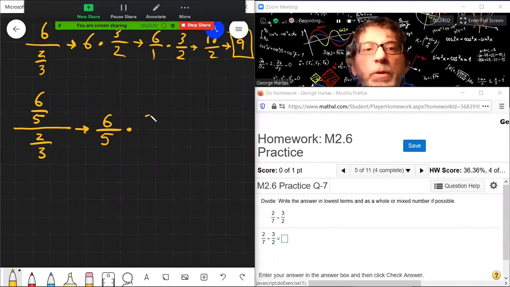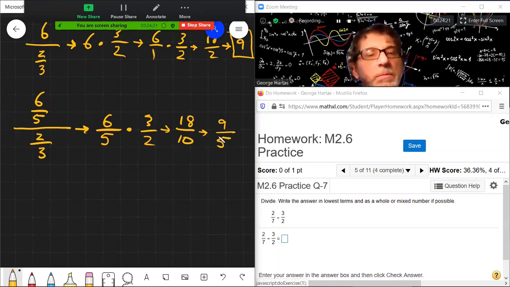So this becomes 3 over 2. Now, we could reduce here, but just for the sake of showing you the steps, I'm just going to multiply it out. So we got 18 over 10, and this becomes 9 over 5. Oh, not bad, right? Not too bad. All right, very good.